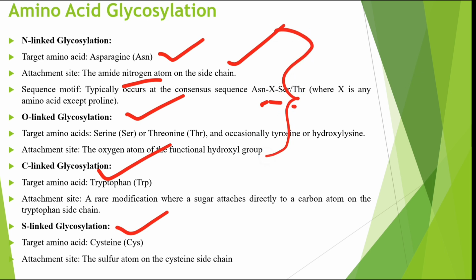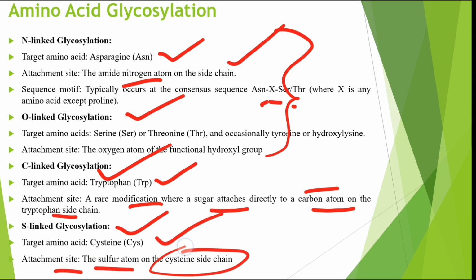Apart from these two, there is C-linked glycosylation, which targets the tryptophan amino acid. It is a very rare modification where sugar attaches directly to a carbon atom on the tryptophan side chain. S-linked glycosylation targets cysteine, and the attachment site is the sulfur atom on the cysteine side chain. So these are different types of glycosylation.